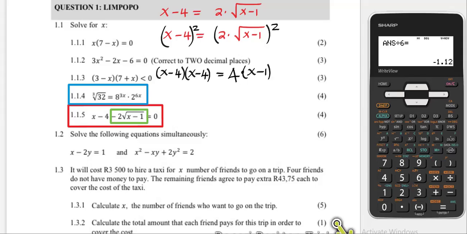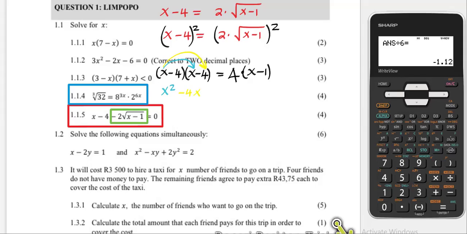Now we can foil this one. I'm going to color code it. This one times that one gives x squared. This one times that one gives minus 4x. This one multiplies that, minus 4x.